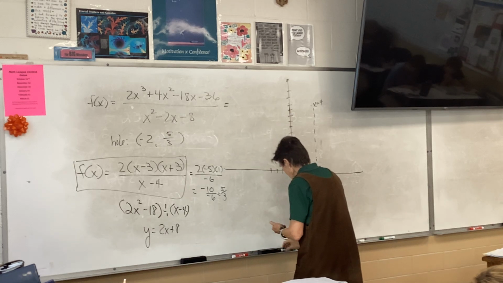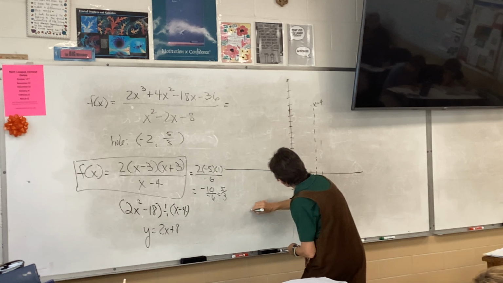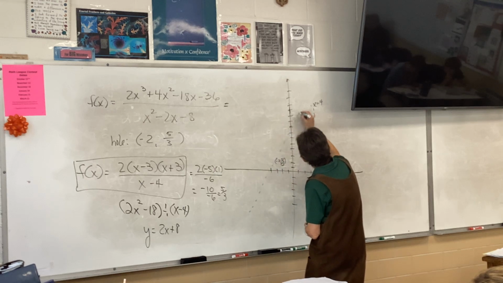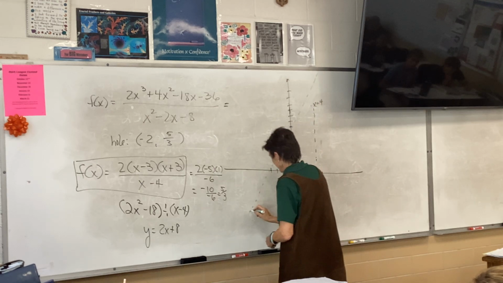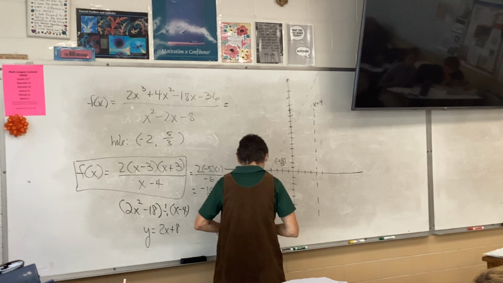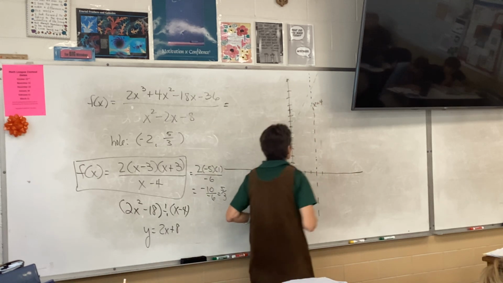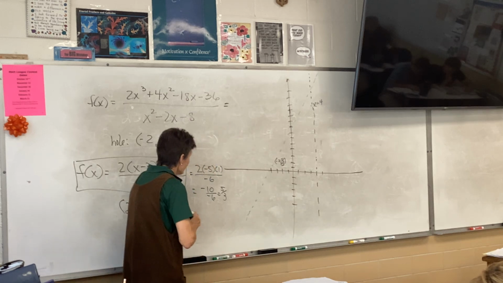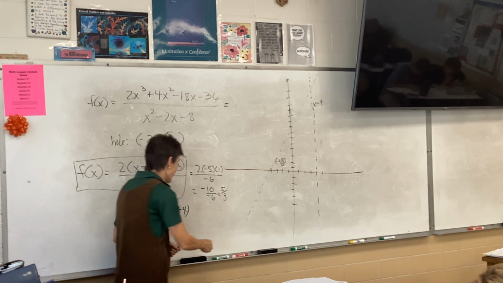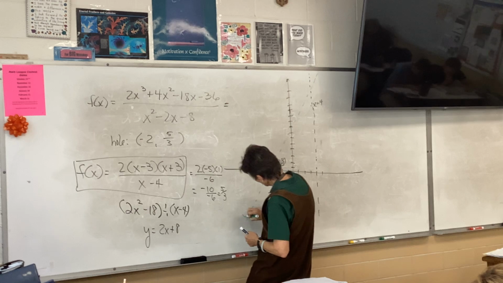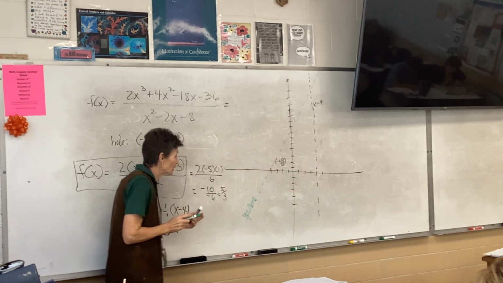I'll graph it with a green line. Okay, so that green line is y equals 2x plus 8. Would everybody agree with that? Okay?